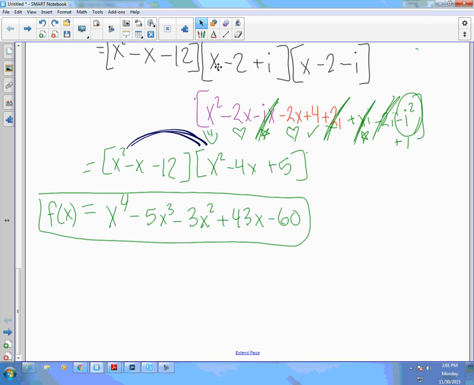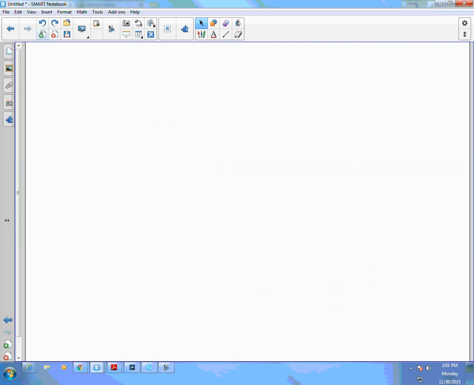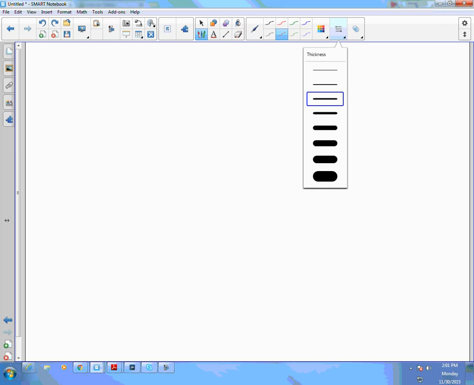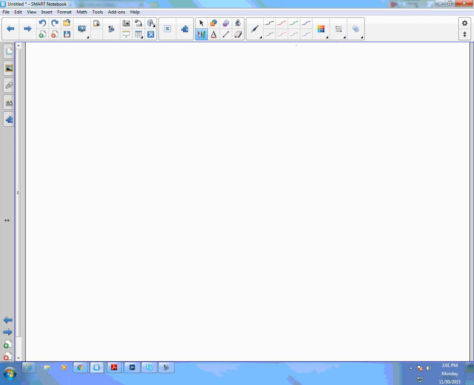Okay. If we're all quiet, we can probably zip through a couple of these really fast. And then next time we'll work more on synthetic division and solving when these roots are complex, it'll be easier. So let's start your first one together.